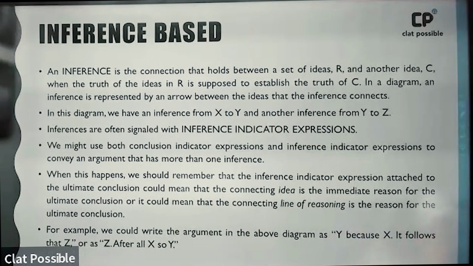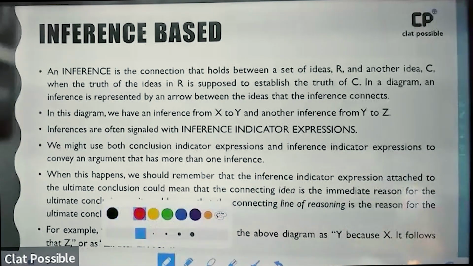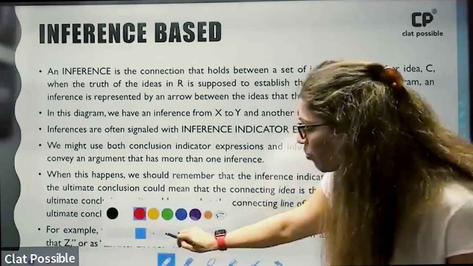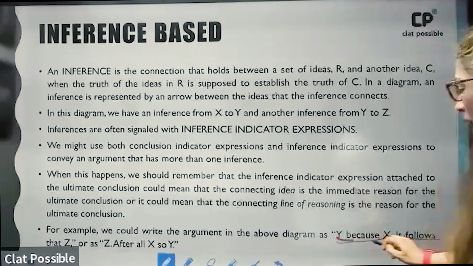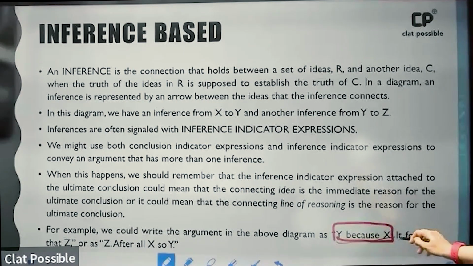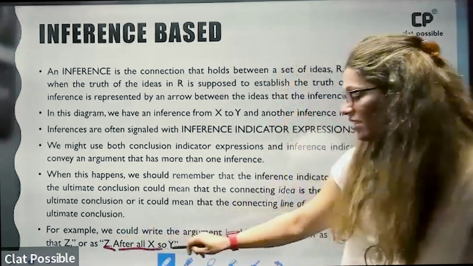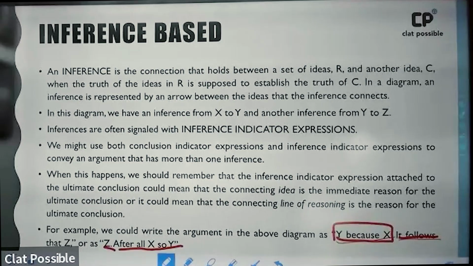So such an argument can manifest itself like this: Y because of X, hence Z. When we have intermediary conclusions, it is not unusual to find both premise indicators as well as conclusion indicators in our answers. So Y because of X, and therefore Z, or Z after all X, hence Y. We have to put all three together.